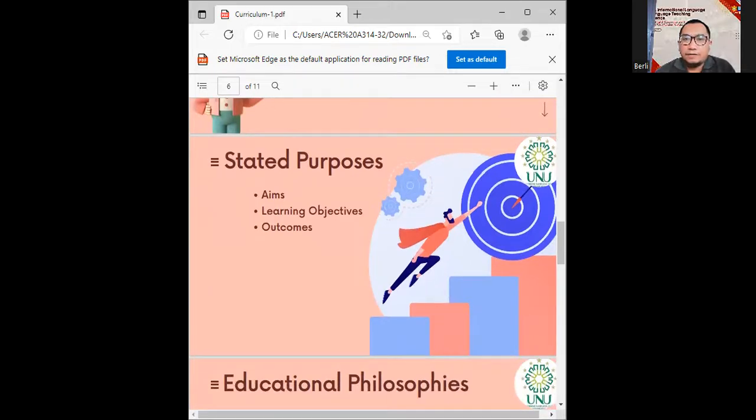In terms of stated purposes, both countries share similar aims, learning objectives and outcomes.